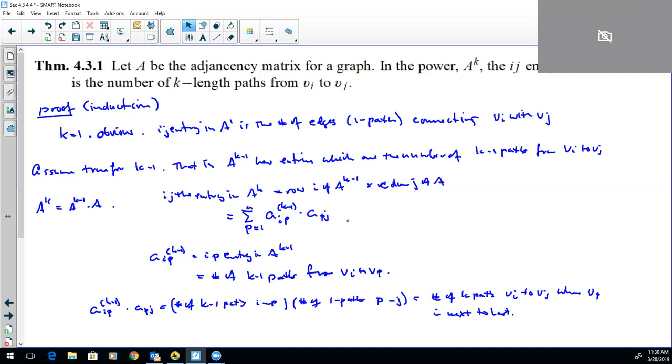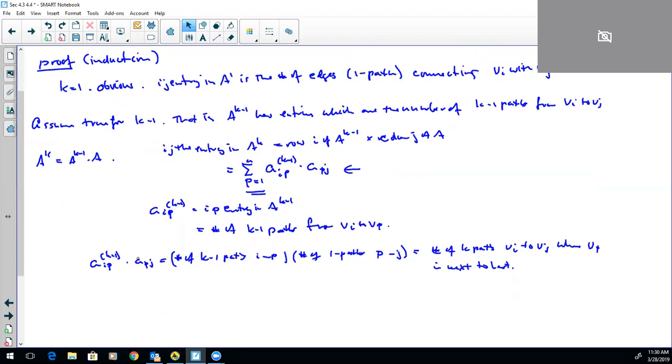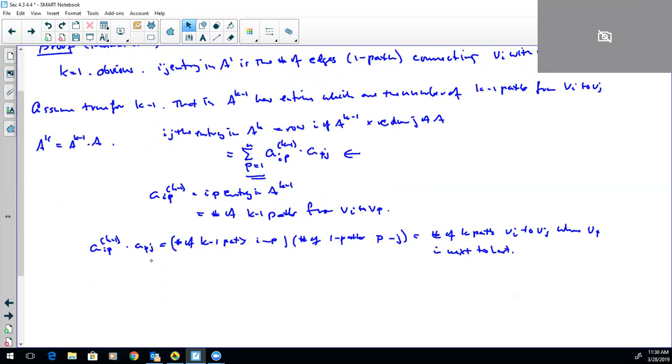Now what we do is we multiply each of these things and we add them all up for all possible next to last stops. So when we add all of these things up, we have k minus 1 paths and then 1 paths from all the different vertices that connect to j.